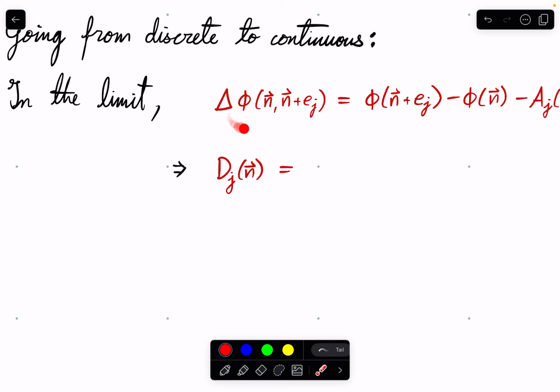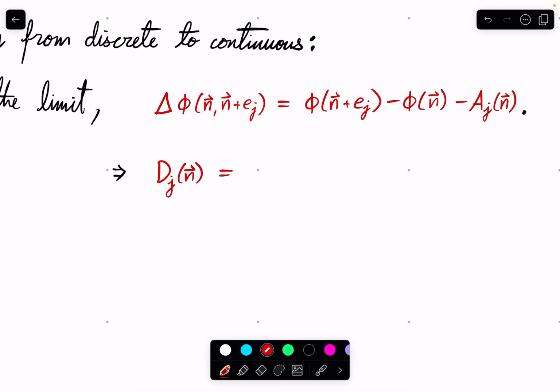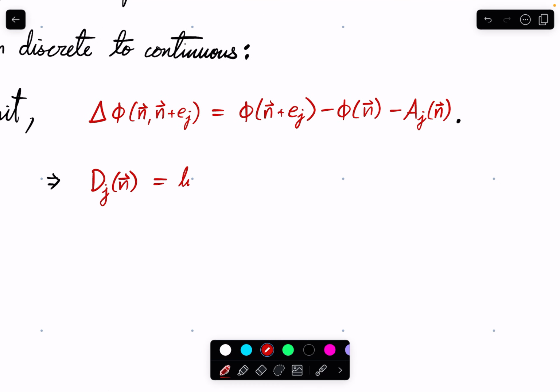What this really means is this up here is equal to the limit as some value epsilon goes to 0. We have phi n plus epsilon in the jth direction minus phi n. So all this is doing is shifting. It's now looking at distances infinitesimally far away from phi n.